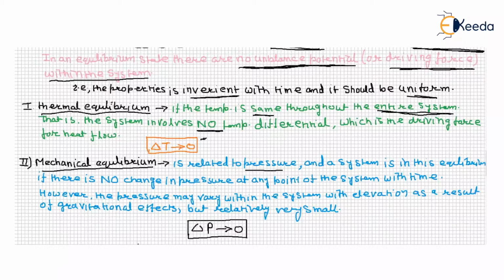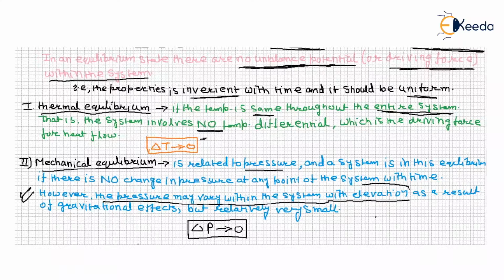However, see, this is very important. However, the pressure may vary within the system with elevation. Suppose there is an elevation, because due to elevation there must be a pressure difference. Within the system there is an elevation, so there must be a pressure difference. But due to that elevation, what is the pressure difference?